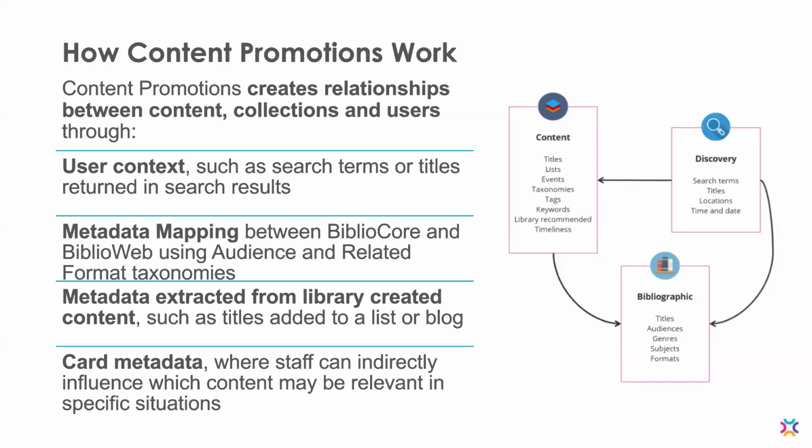And then we have the card metadata, which is what I'm going to spend the most amount of time talking about because there may be scenarios where, again, you want to influence a card to show up. Like an online resource card for genealogy, you're going to want to have that card show up as somebody types in genealogy or family history, things like that.